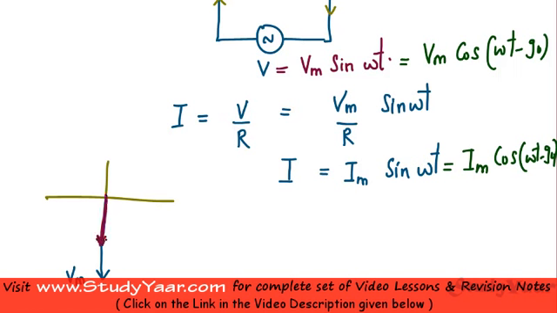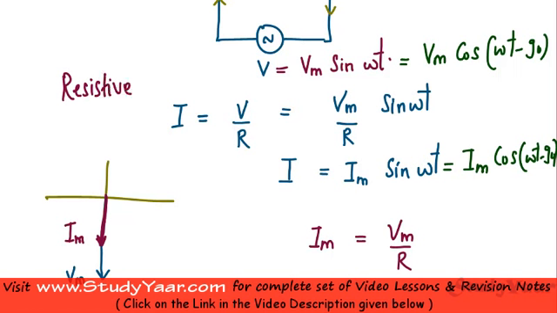Obviously your current is having a smaller magnitude as compared to your Vm. Just see, your Im is equal to Vm upon R. So this is the phasor diagram for current and voltage in a purely resistive circuit.